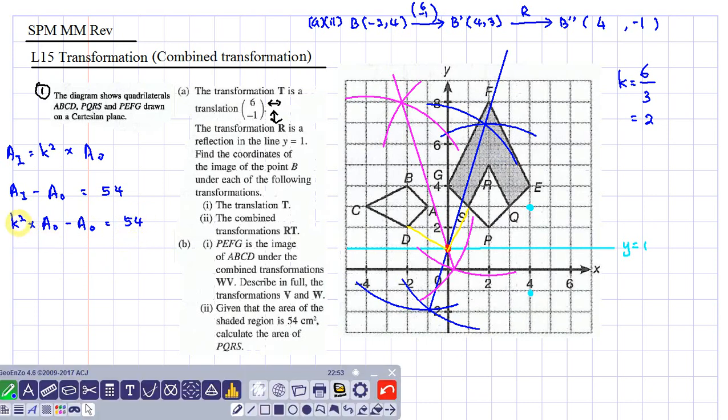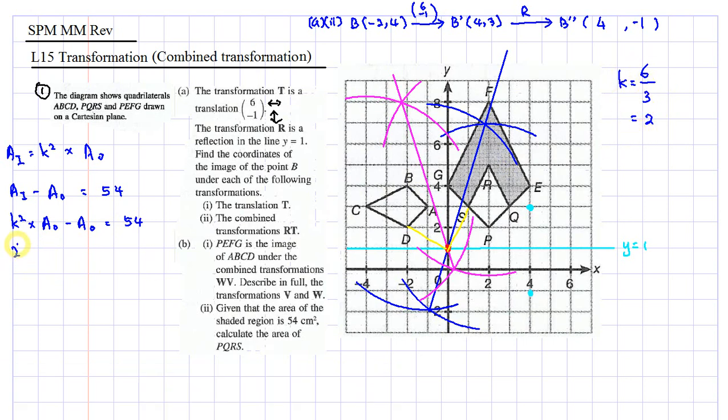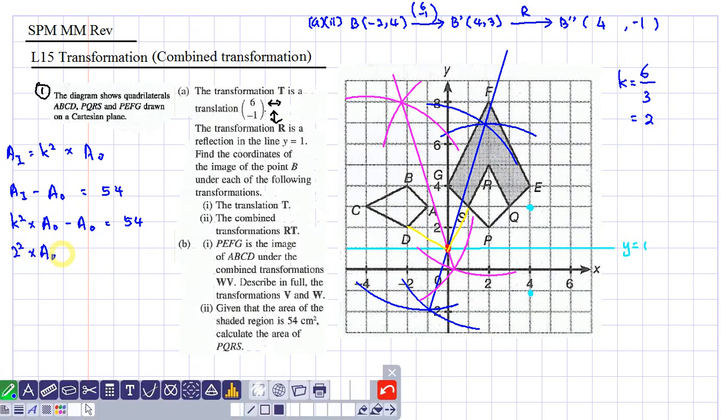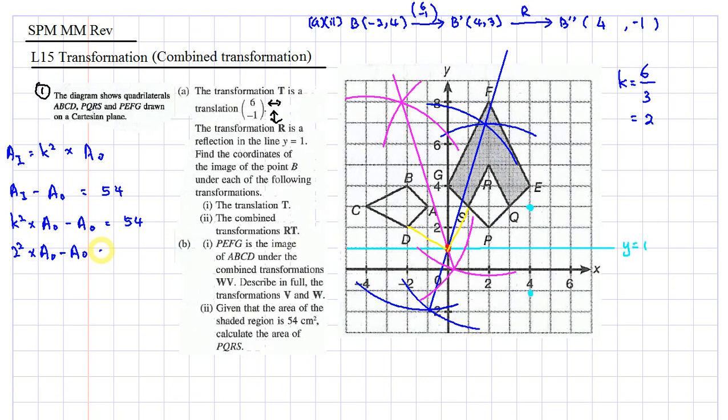Okay, so now we know that just now we get the scale factor of this enlargement is 2, so it will be 2 squared times area of object minus area object. We get 54. Okay, so this is 4a minus a, 54.